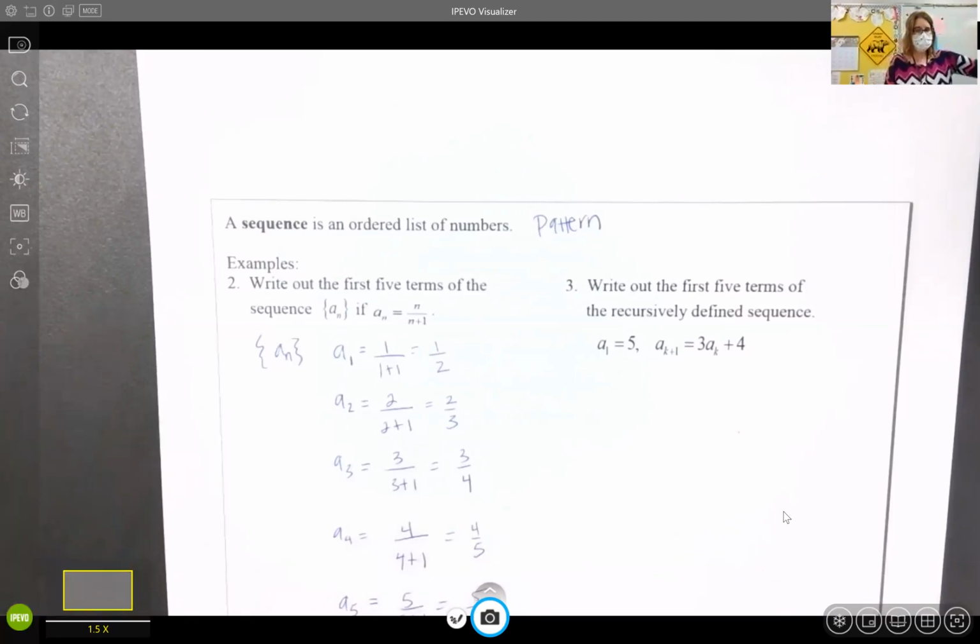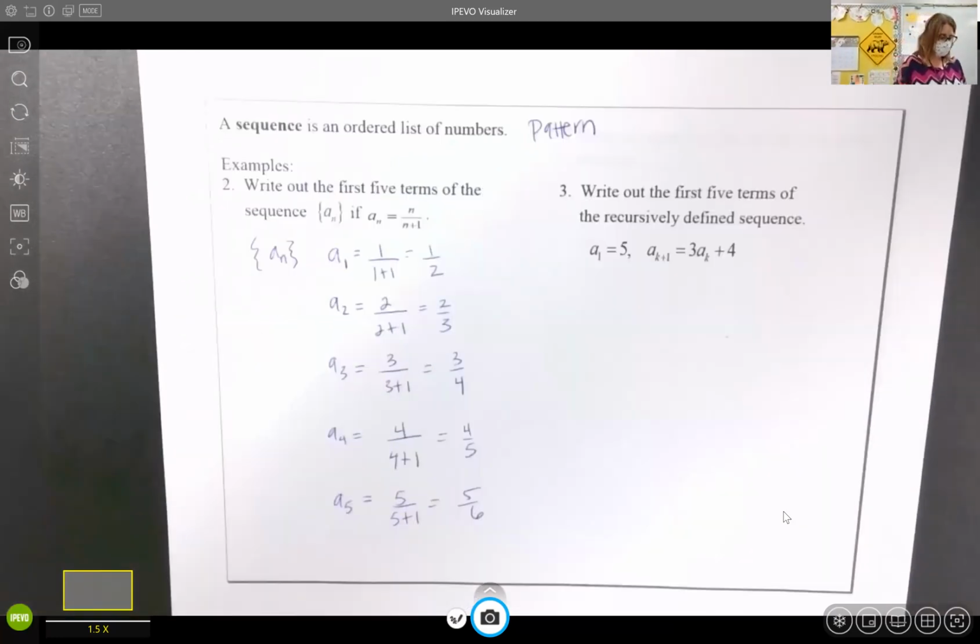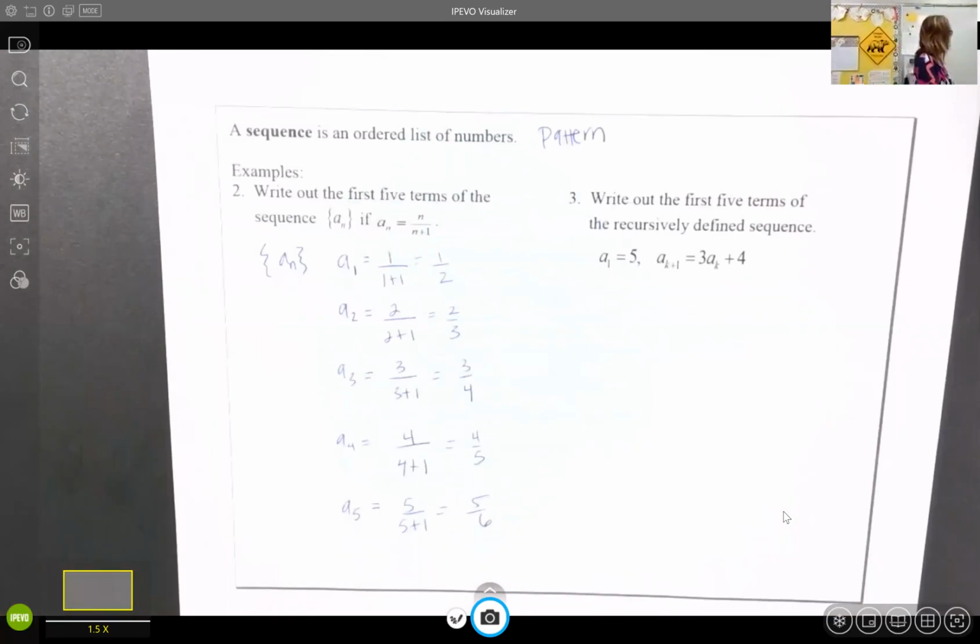Okay, so at this point, when you look at these numbers, could you write the next number without using the formula? Okay, what would it be? 6 over 7, and then the one after that? 7 over 8. So you notice that the top number is 1 smaller than the bottom number, right? Good. So you're figuring out convergence or divergence, okay?